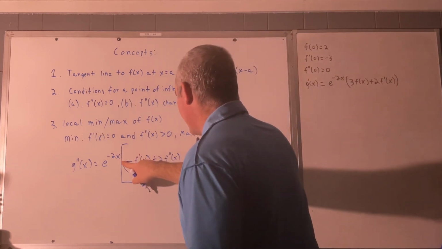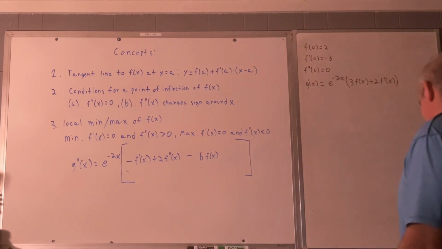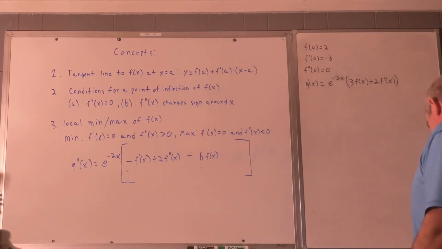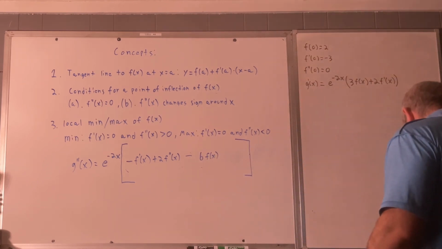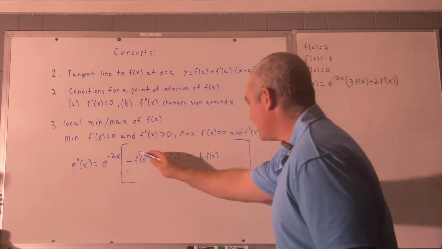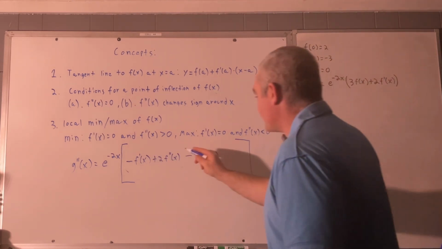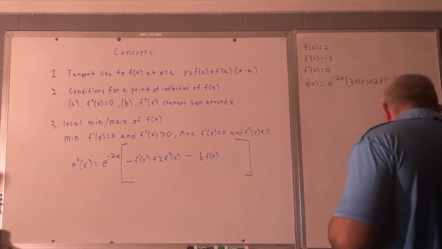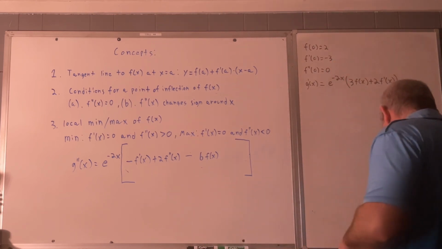We just have g double prime of x is equal to e to the negative 2x times, well, there's our negative 6 f of x. There's our negative f prime of x. And there is our 2f double prime of x. So we just showed what it asked us to show.